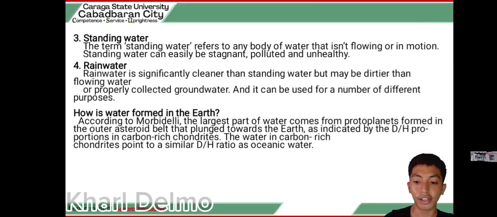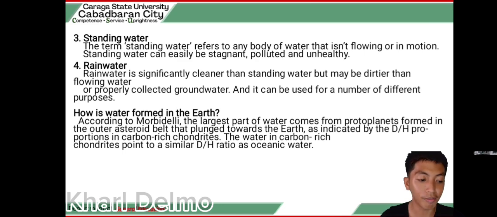Standing water. The term standing water refers to any body of water that is not flowing or in motion. Standing water can easily become stagnant, polluted, and unhealthy. So the term describes water that remains still and does not flow, such as puddles, ponds, or water collected in containers.